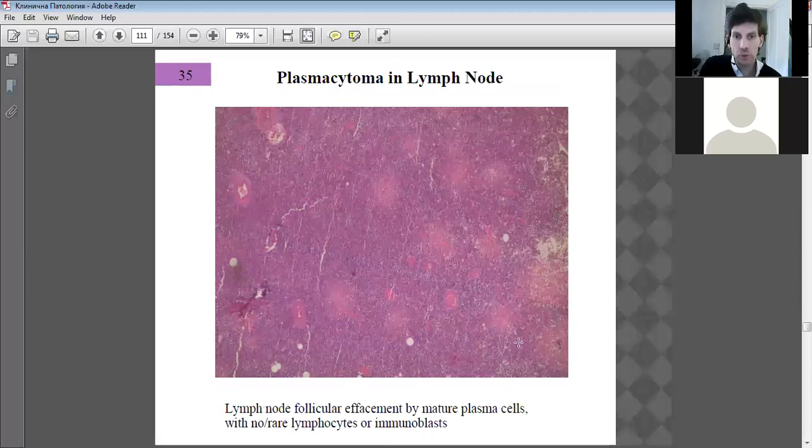And a lymph node follicular effacement by mature plasma cells with no rare lymphocytes. Okay. Let's see if we can find follicular here. Follicular structures there. Some follicular structures there.